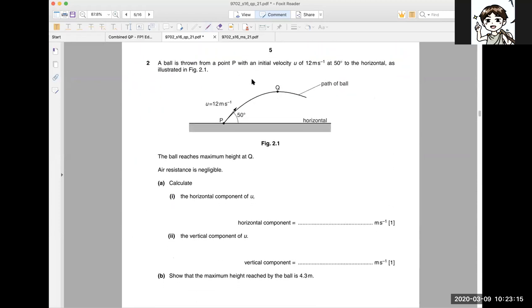This one is obviously about projectile motion. For the first question, even if they don't ask you, we need to decompose the horizontal and vertical components of the velocity. The horizontal component of u is 50 times sine or cosine?